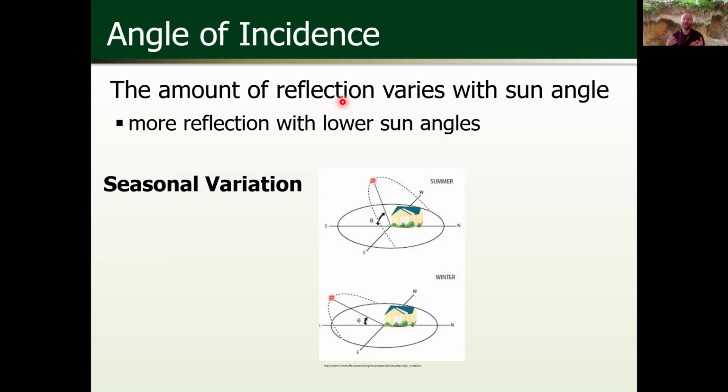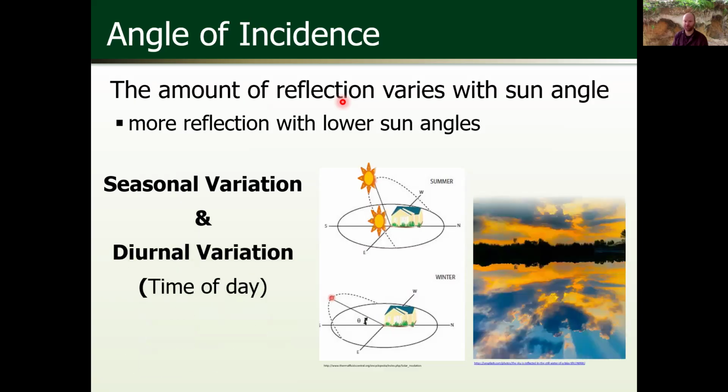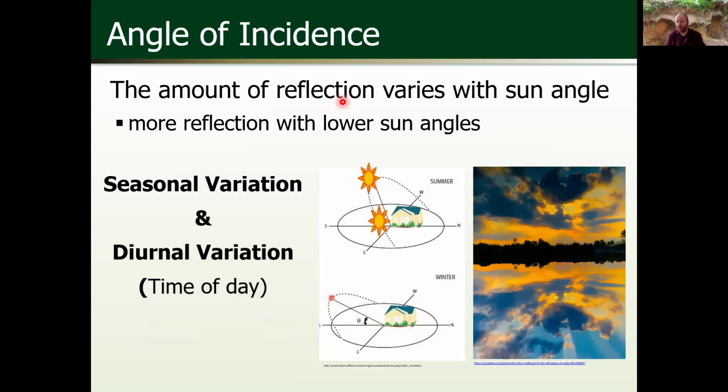That can vary seasonally, where in the middle of the summer we have high sun angles in the middle of the day, and then in the winter there are much lower angles, at least here in Marquette, Michigan, where the sun really only gets about 20 degrees above the horizon in the middle of the day in the winter. We also can think about it diurnally.